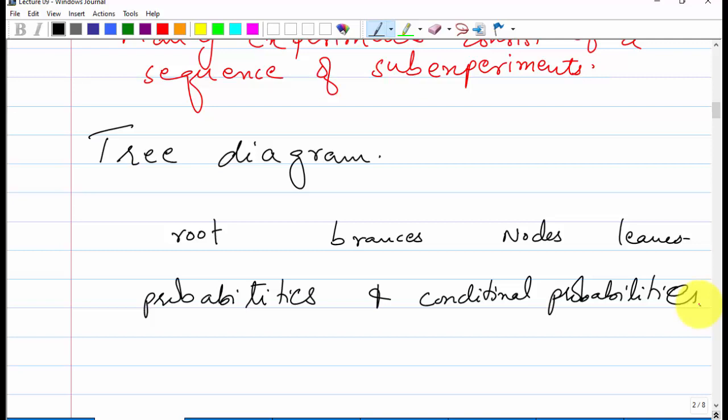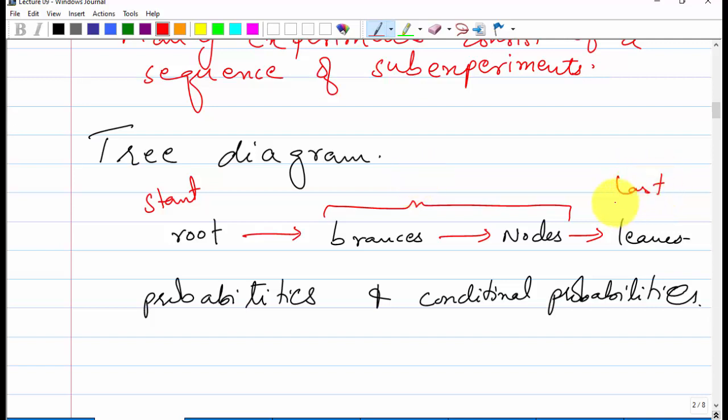So this is the sequence. This is the start, and these could be repeated as many times as we have sub experiments, and this will be the last sub experiment.